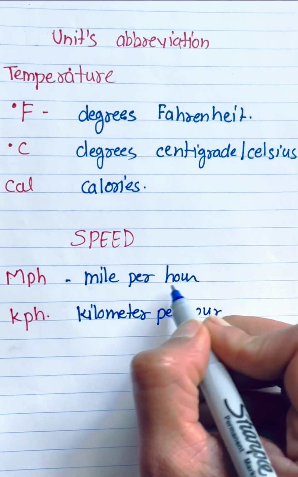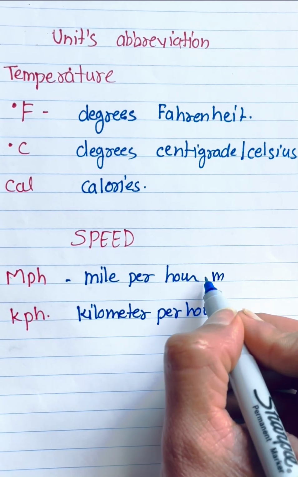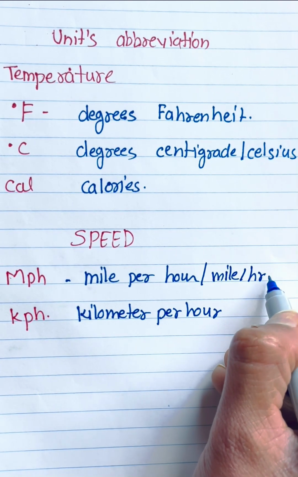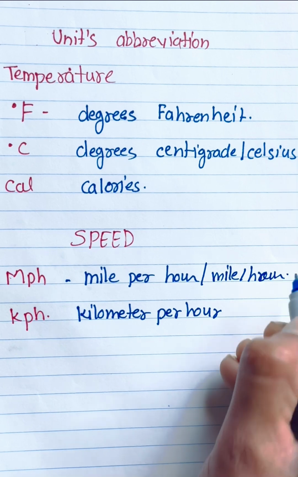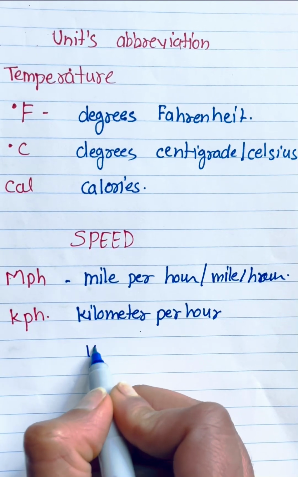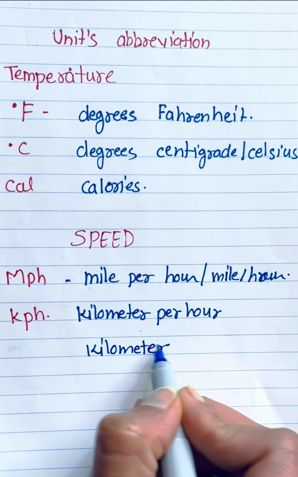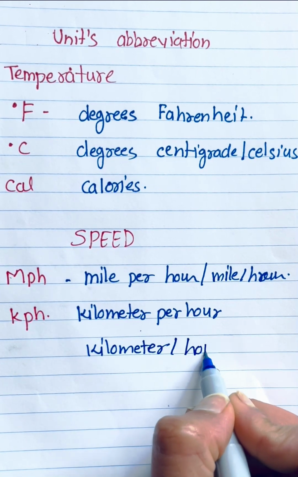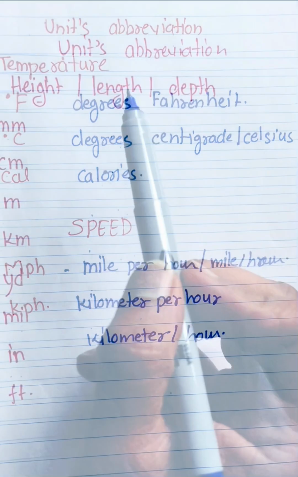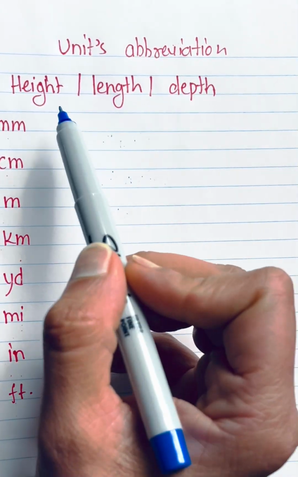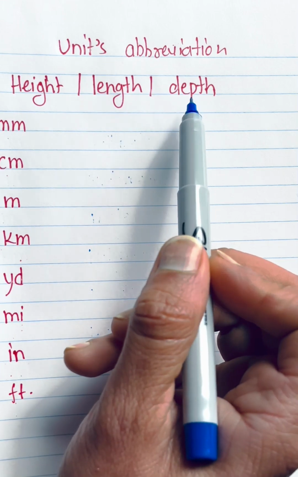And we can write this as mile per hour, and this as kilometer per hour. Today we are going to learn about units abbreviation for height, length or depth units.